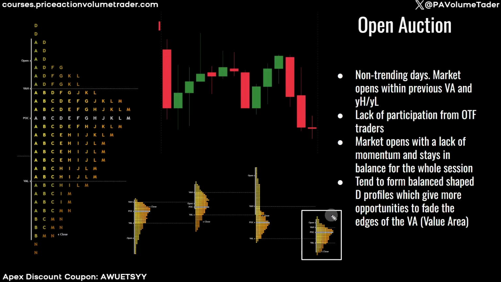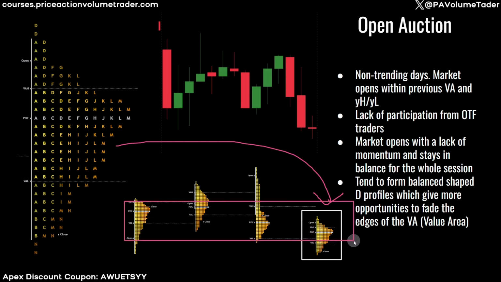And here, just for context, this profile corresponds to this day. But as you can see, I just put into context the previous 3 days as well. So you can see that overall, we were mostly in a balanced area right here. You can see several value areas that are overlapping.